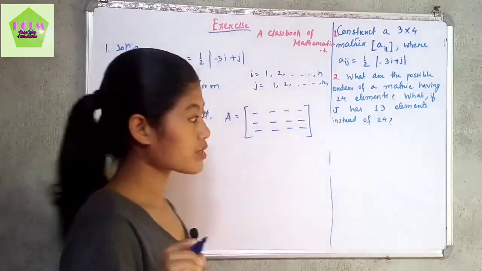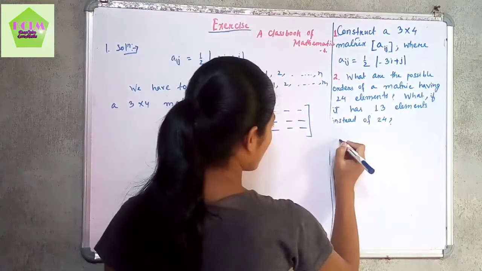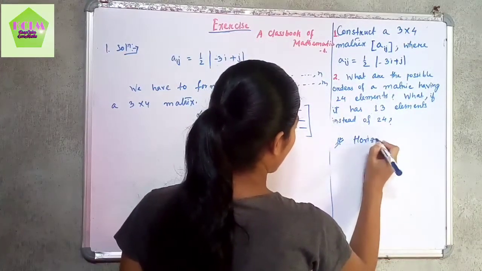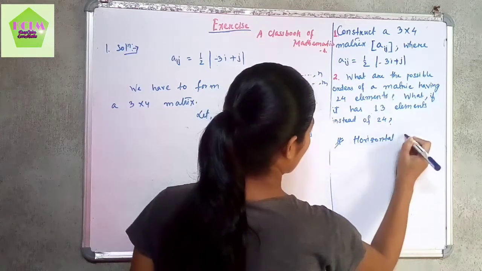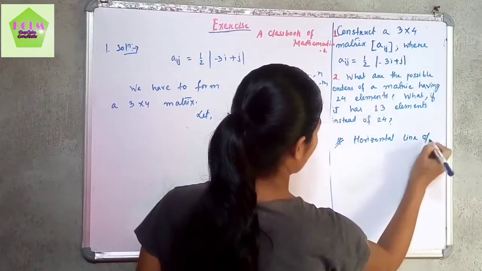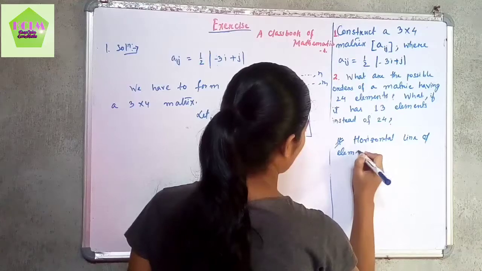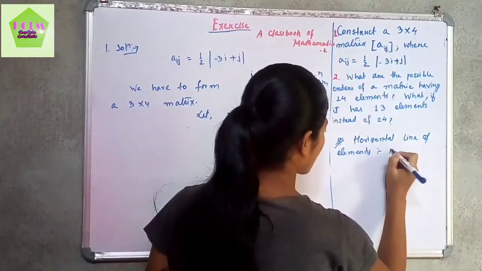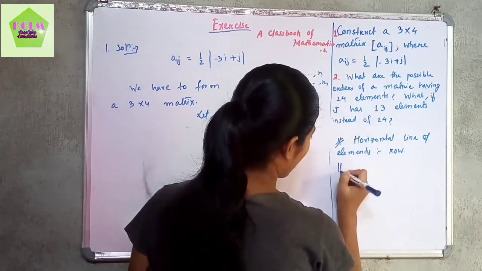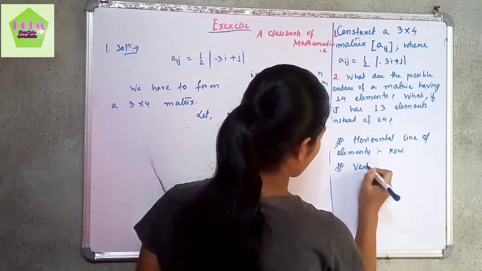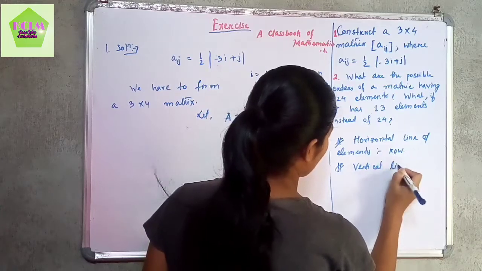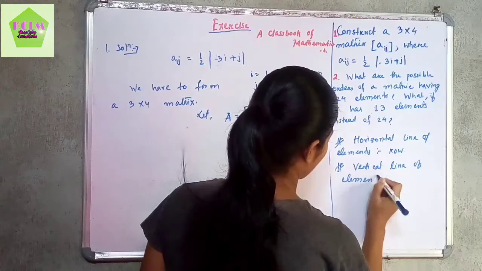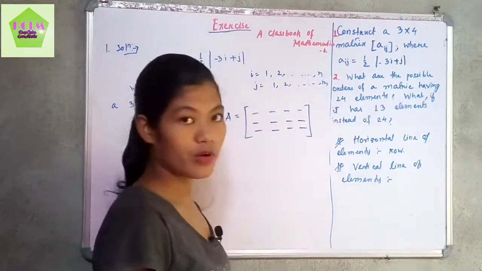In the first class of matrices, I have already discussed that a horizontal line of elements is called a row of the matrix and a vertical line of elements is called a column of the matrix.